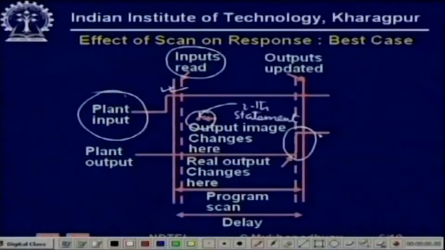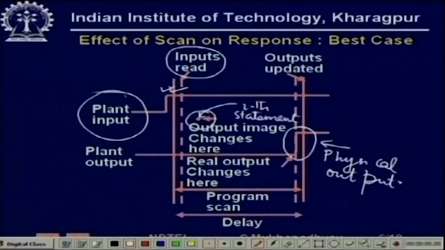So the physical output which goes to the process gets affected only at that time, and this is the amount of delay that is bound to occur.